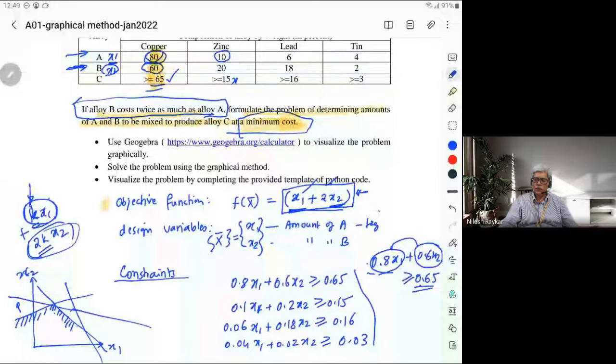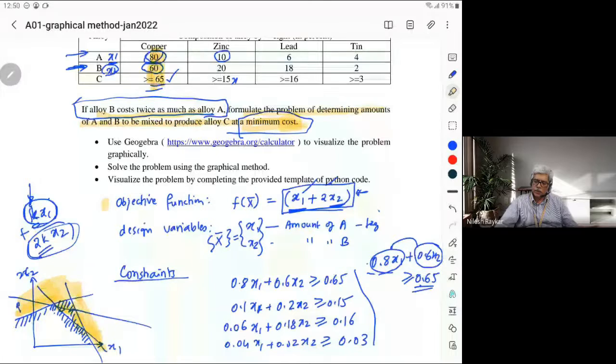So the region which is beyond all the lines is the one which is feasible. Yes, you have to go beyond all the lines.